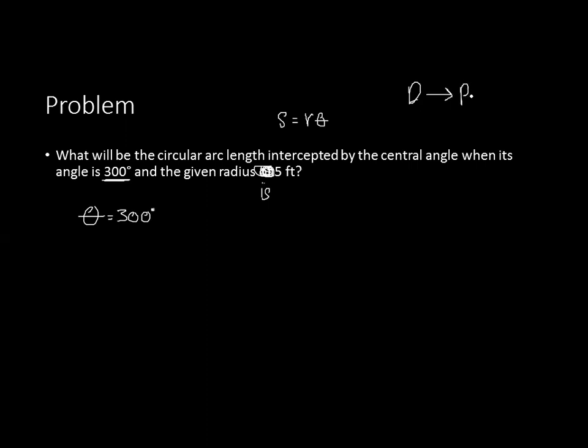Recall that if you're going to convert a degree into radian, you will multiply it by pi all over 180 degrees radians. 300 degrees and 180 degrees are both divisible by 60 degrees. 300 divided by 60 is 5, because 5 times 60 is 300.